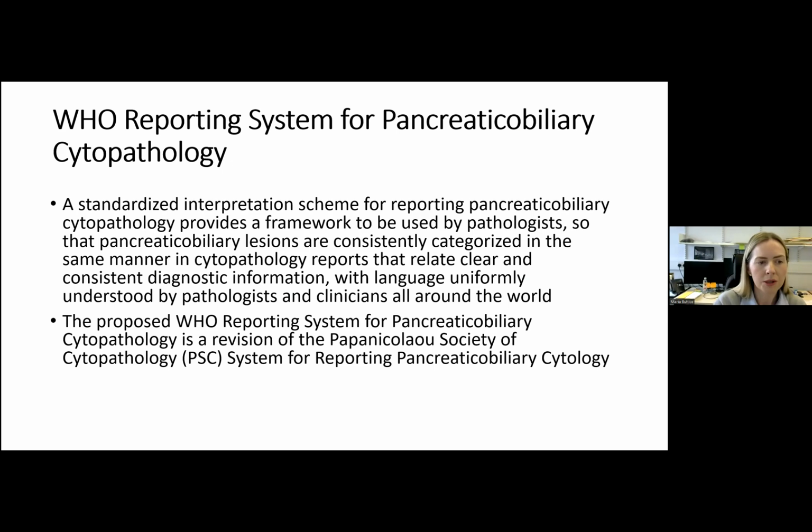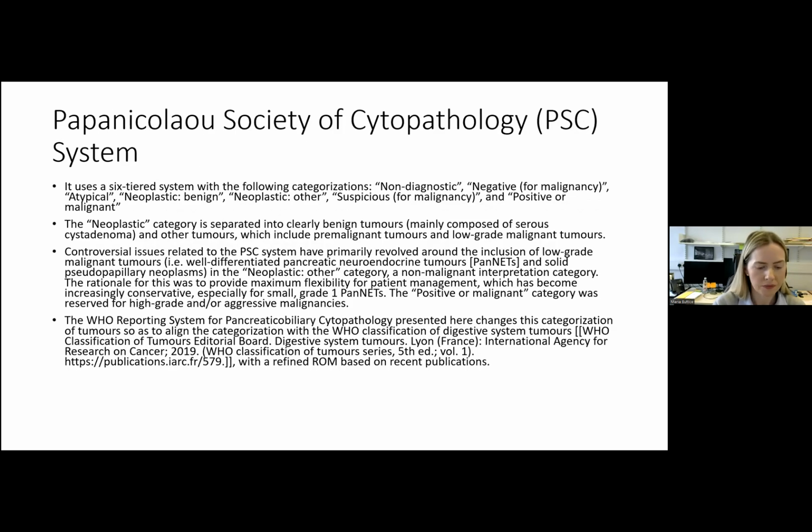The new WHO reporting system for pancreatobiliary pathology is a revision of the Papanicolaou Society system, and essentially aligns itself to the histology WHO classification. I'll explain the few differences of the new classification.